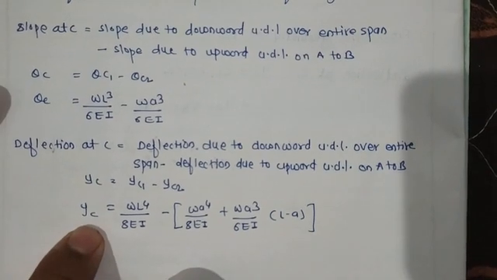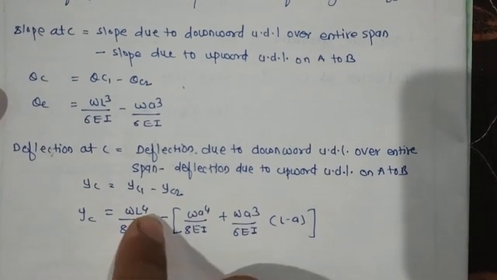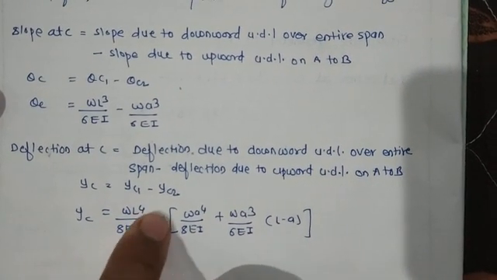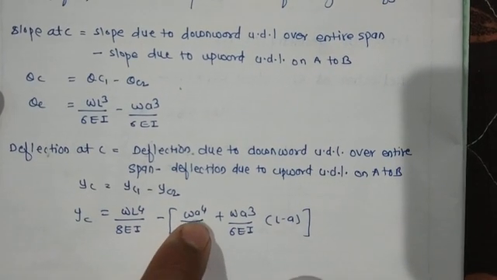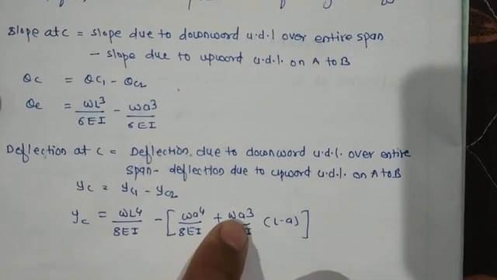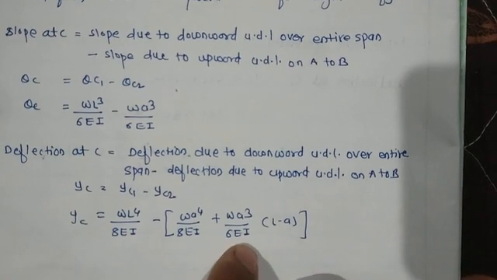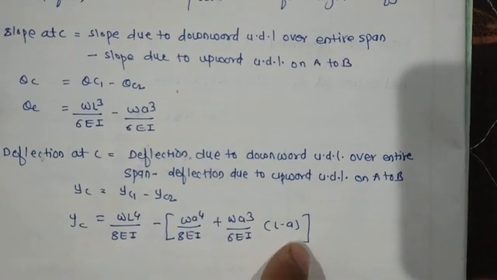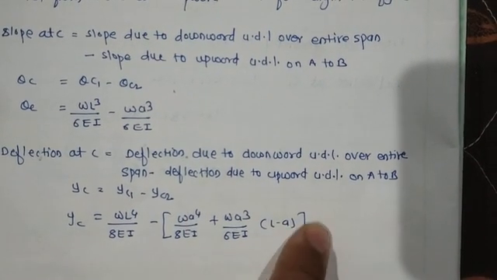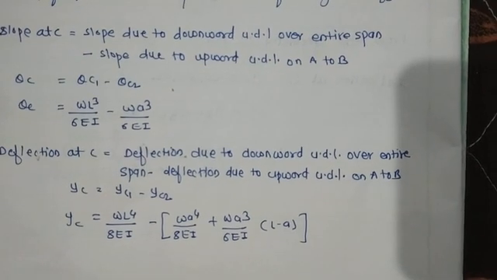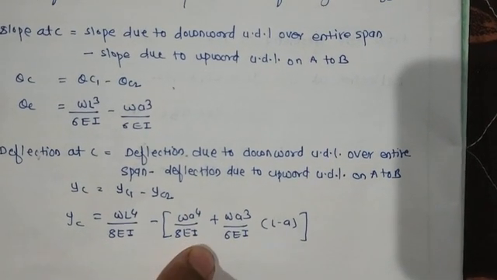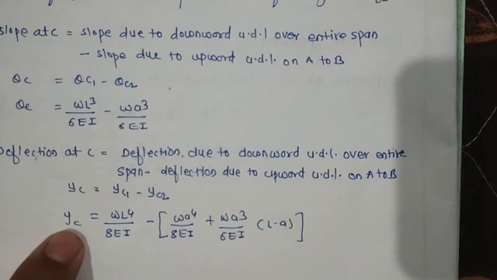So YC is equal to W L raised to 4 divided by 8 EI minus, in bracket, W A raised to 4 divided by 8 EI plus W A cube divided by 6 EI into bracket L minus A. We already saw this in the previous expression. Put the values directly here. So what we get here is YC.